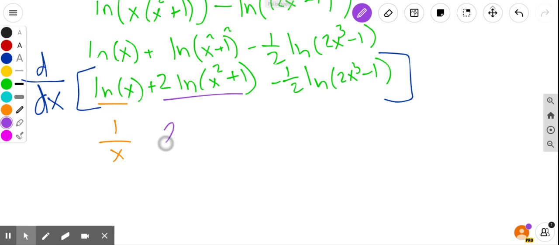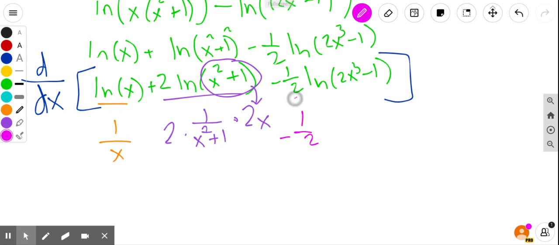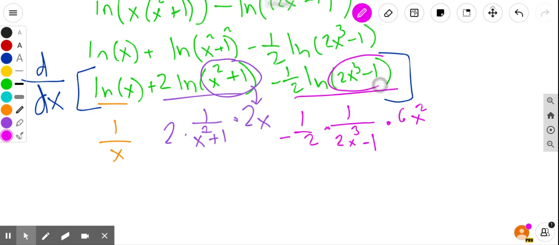This part is 2 times 1 over x squared plus 1 times 2x, because that's where the chain rule kicks in, since the derivative of this inner function gives me the 2x. Minus 1/2 times 1 over 2x cubed minus 1 times 6x squared, because again, the derivative of the inner function produces that.